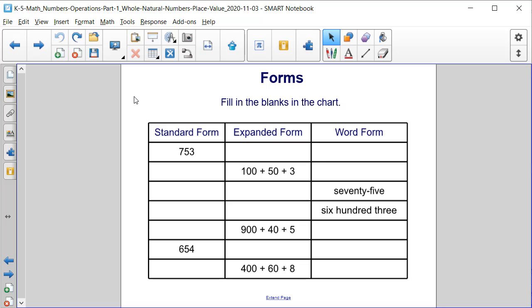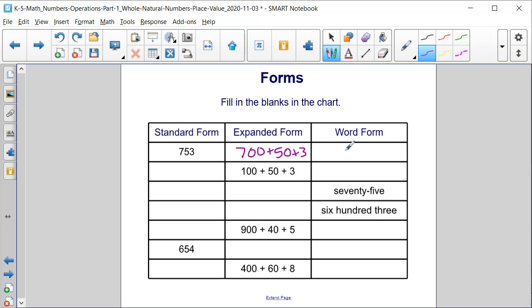Let's practice converting numbers between standard form, expanded form, and word form by filling in the blanks of the chart. Our first row, we're given the number in standard form as 753. We can rewrite this as 700 because the 7 is in the hundreds place, plus 50 because 5 is in the tens place, plus 3, which is in the ones place.